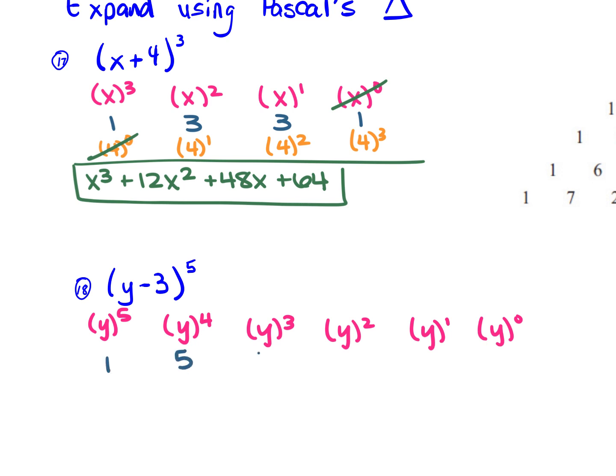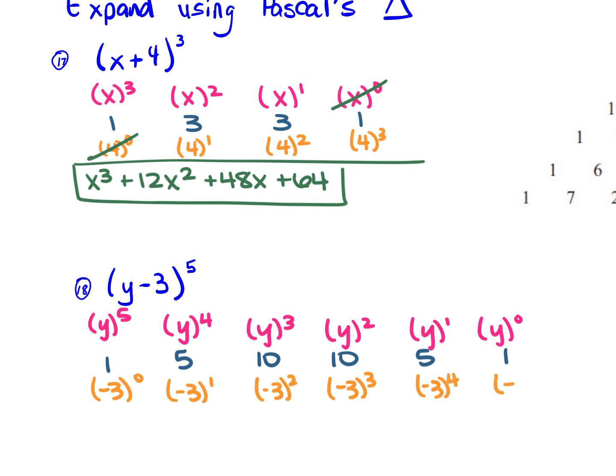So 1, 5, 10, 10, 5, and 1. Then our second term in that binomial is negative 3. So we start with the power of 0, the power of 1, the second power, third power, fourth power, and fifth power.